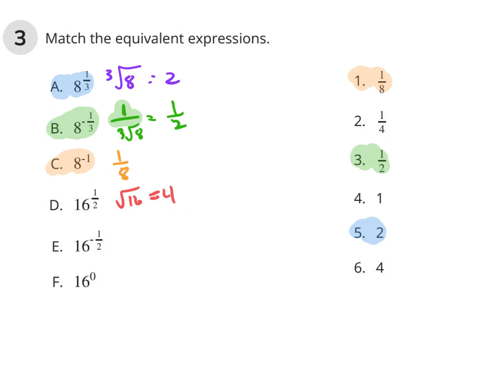So D goes with 4, 6. Okay, 16 to the negative 1/2 is 1 over the square root of 16, which is 1 over 4. So E goes with 2. And then finally, anything to the 0 power is 1, so F goes with 4. That's the only one left out.